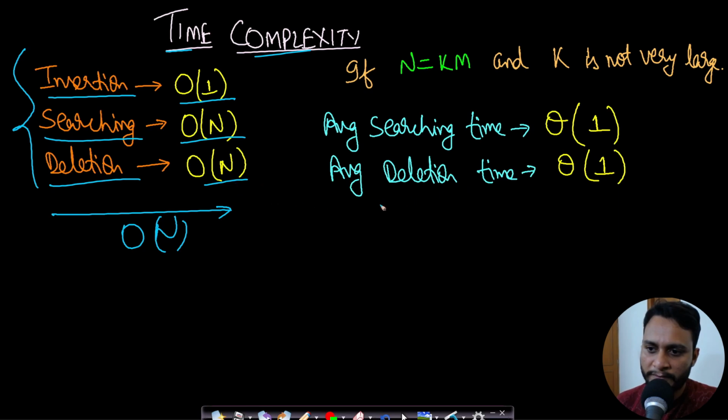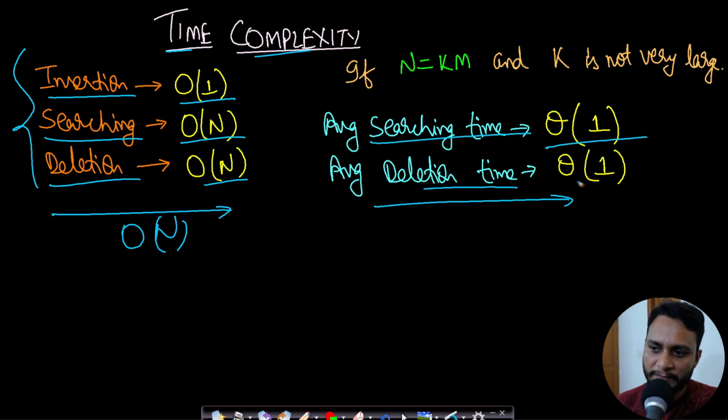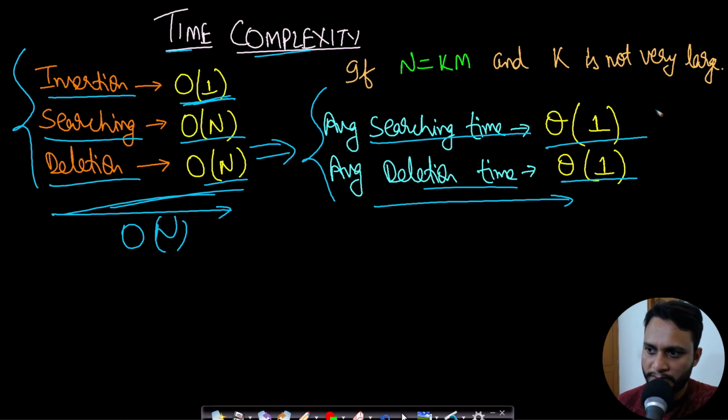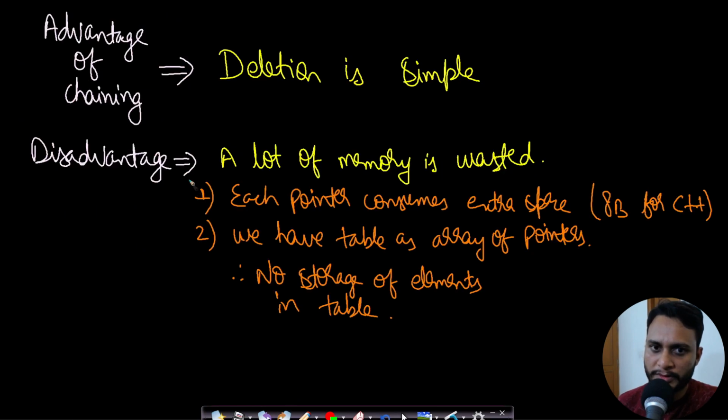Now if we have a perfect uniform distribution on average, then the average searching time will be theta of 1 and the average deletion time will be theta of 1. So this part is far better than the left hand side. The insertion part here will still remain the same because we are actually inserting at the head of the linked list. So this is only possible if n equals km and k is not very large, so that we can take k as constant. Okay, I hope you understood this point as well.